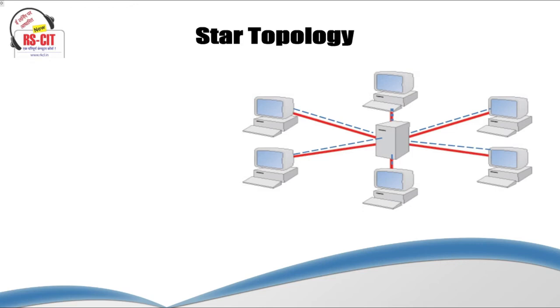The switch is the server and the peripherals are the clients. All traffic that traverses the network passes through the central hub. The hub acts as a signal repeater. The primary disadvantage of the star topology is that the hub represents a single point of failure.